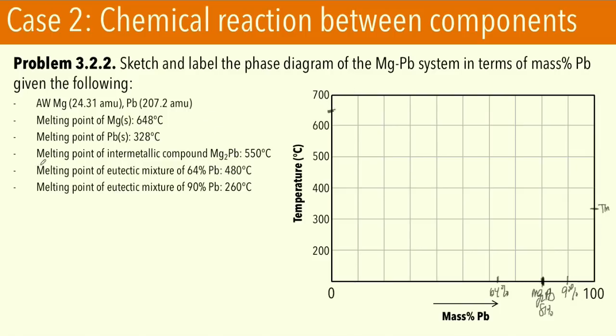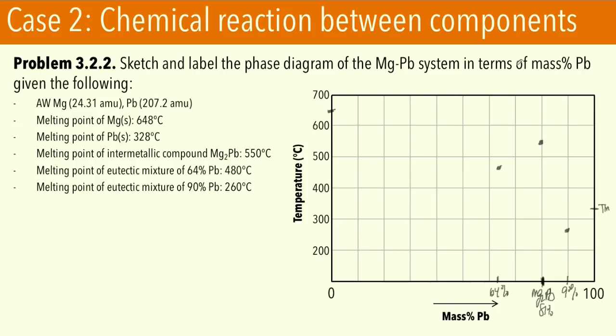Now the melting temperatures of our eutectic mixtures: for 64% lead, it melts at around 480, which is around here. The other eutectic mixture melts at 260 degrees, around here. The melting point of our intermetallic compound is 550, so that is here.